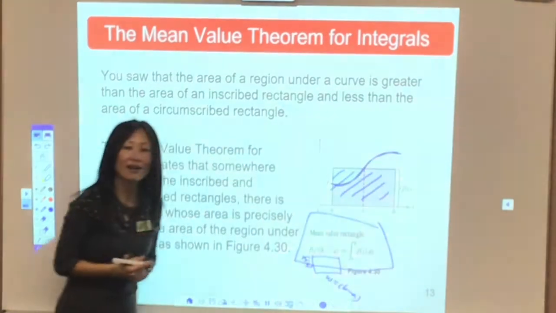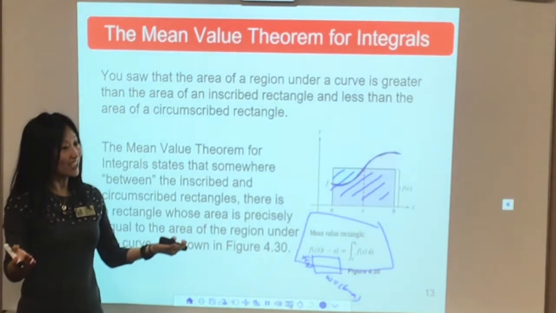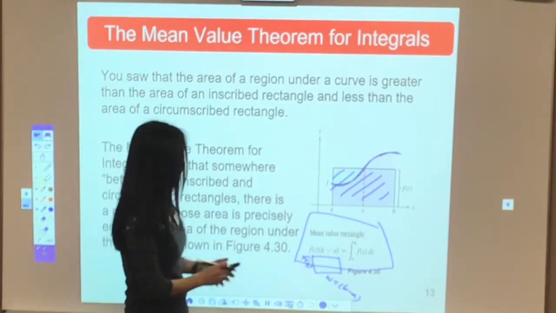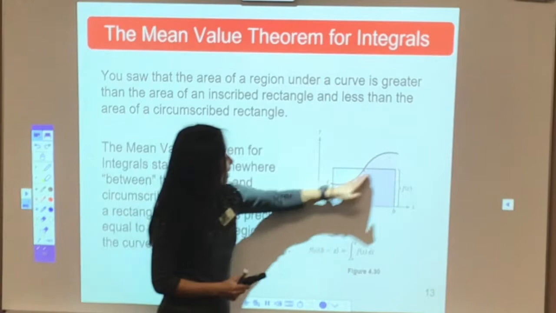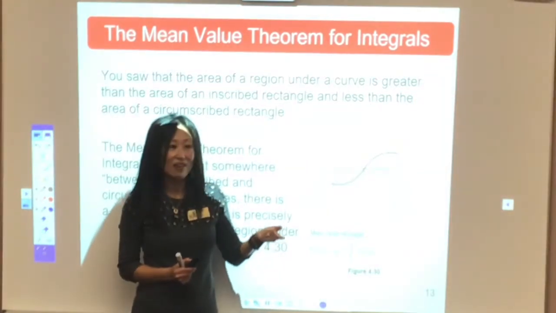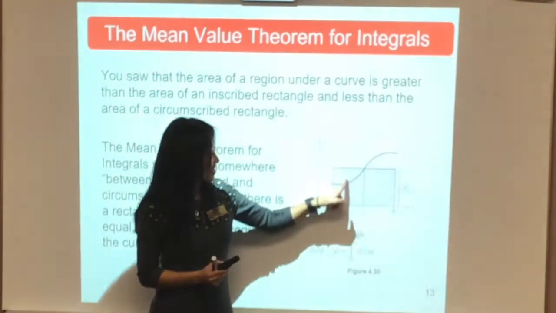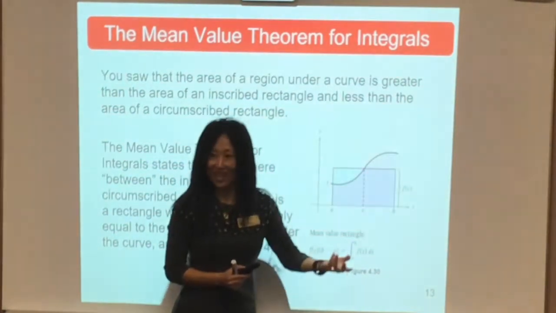Think about it, it's kind of weird. I was like, oh my gosh, how did you do that? You have this weird shape, and you have no idea what the area is, but I'm going to say, you know what, I can make this into a shape that I know, like a rectangle. And say, hey, this is the same area as this weird shape, the area under the curve. Are you with me, class?